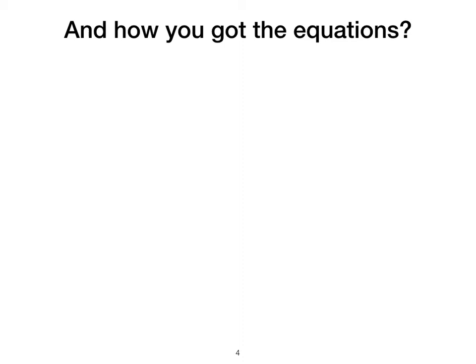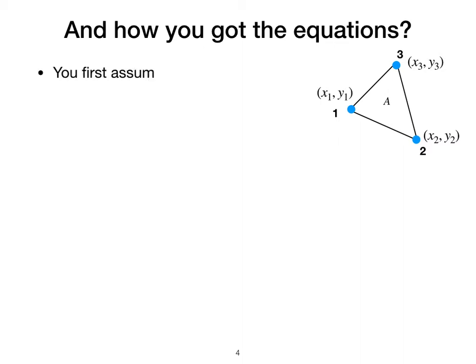And do you remember how you got these equations? We had a triangle with the coordinates as shown in the figure, and you first assumed Ni equal to alpha i plus beta i x plus gamma i y, where i equals 1, 2, 3.